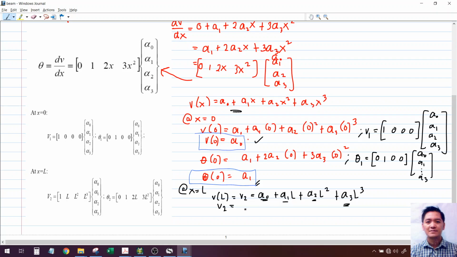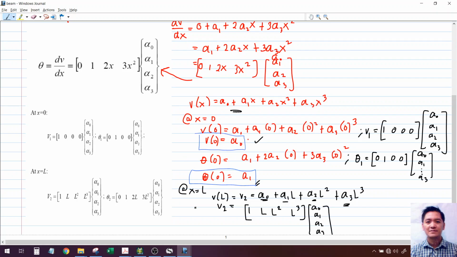So that becomes 1, L, L squared, L cubed, and then column matrix ni alpha naught, alpha 1, alpha 2, alpha 3.